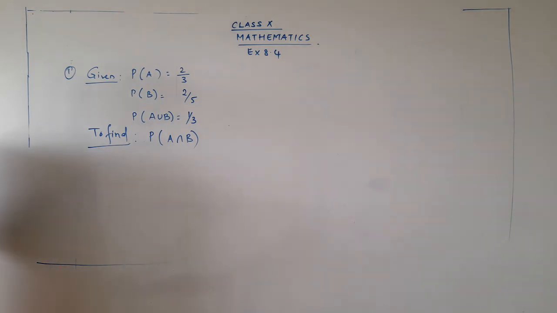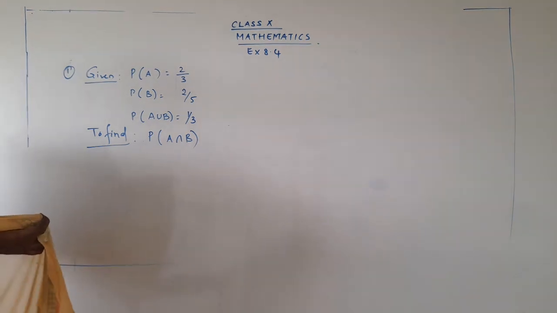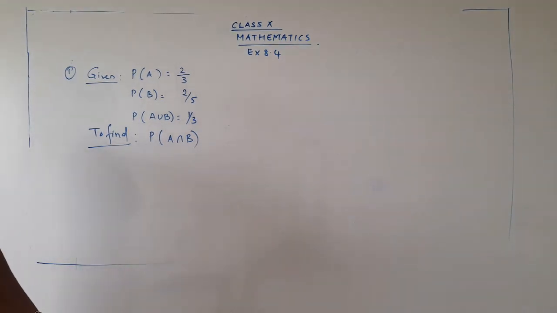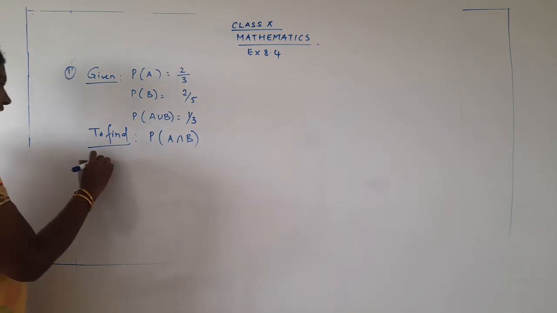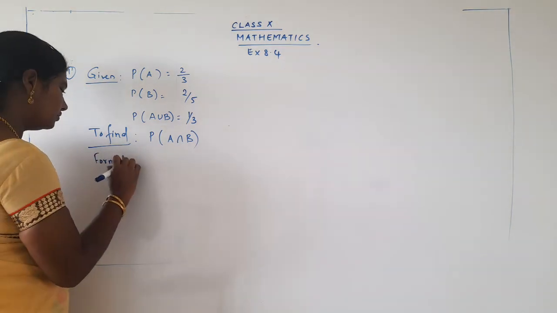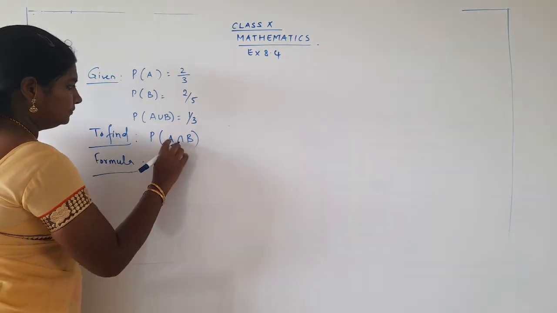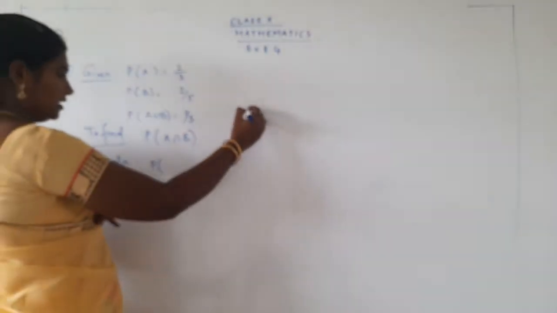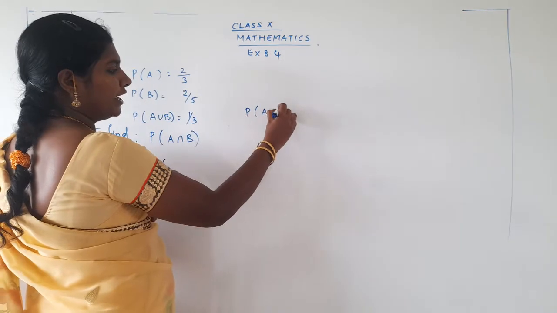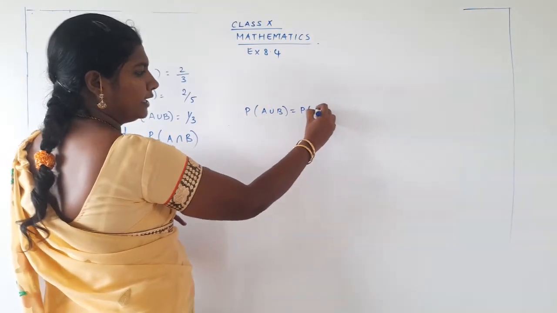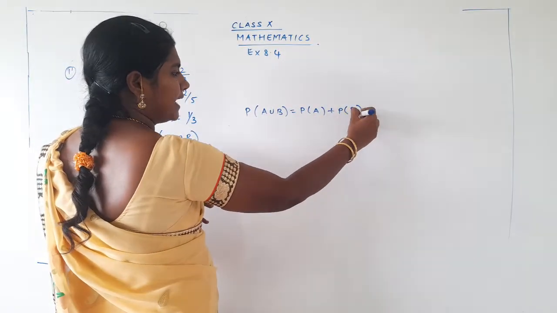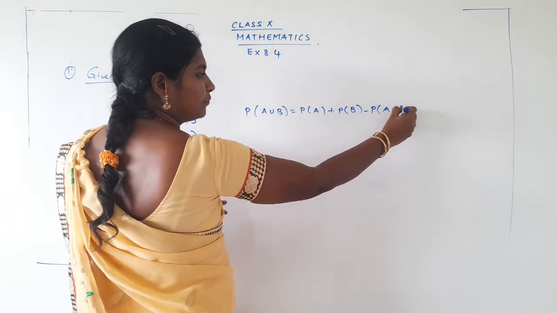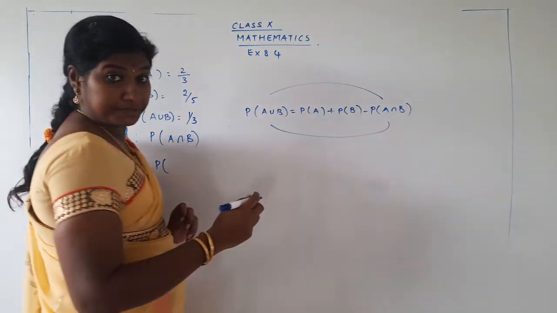Given P of A is equal to 2 upon 3, P of B is equal to 2 upon 5, P of A union B is equal to 1 upon 3, and you have to find out P of A intersection B. So that is the formula used over here. I can just interchange the formula. See, we have the formula P of A union B is equal to P of A plus P of B minus P of A intersection B. So these two can be interchanged.